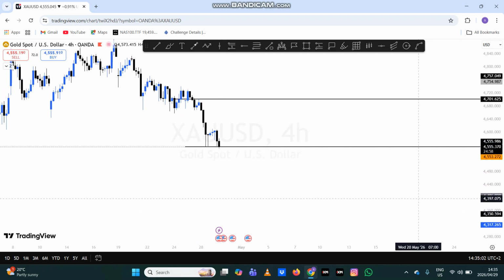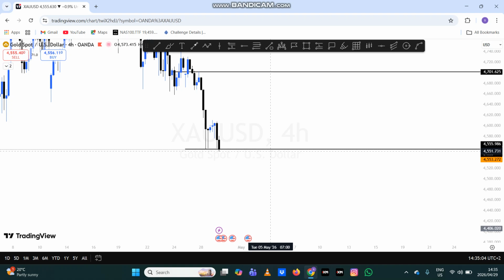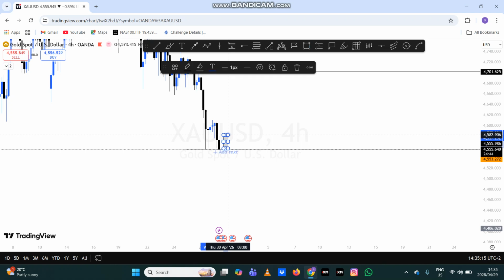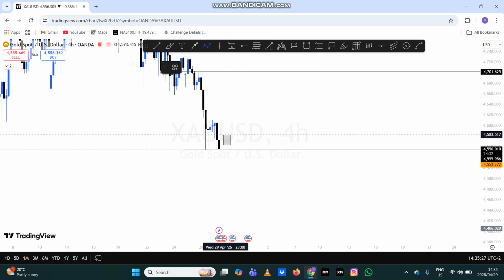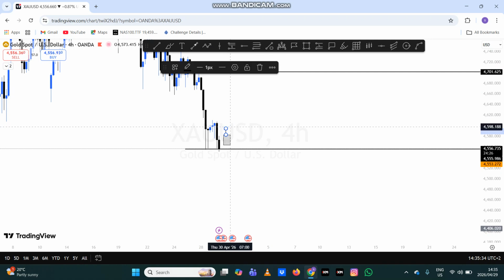If this H4 candle can maybe do like this, because you see now it is breaking. But if the candle can close like this, the CRT will still be valid. Okay, this is the week.